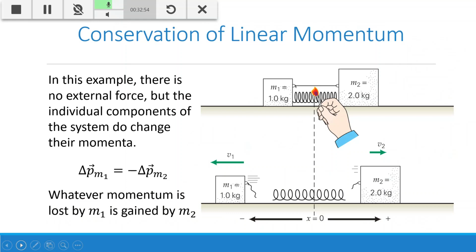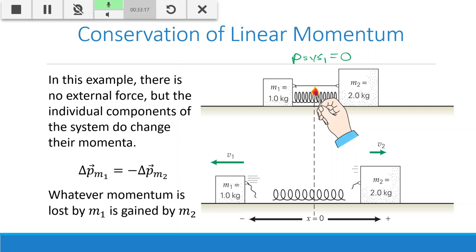So here's an example. We have two masses, M1 and M2, that are connected by both a string and a spring. These are both starting at rest. If we assume that, then the momentum of my system at the start is 0.